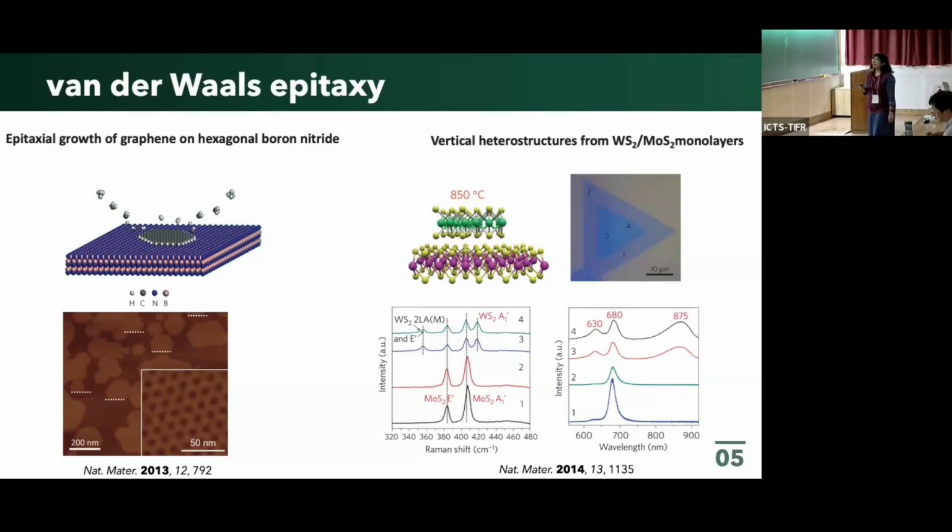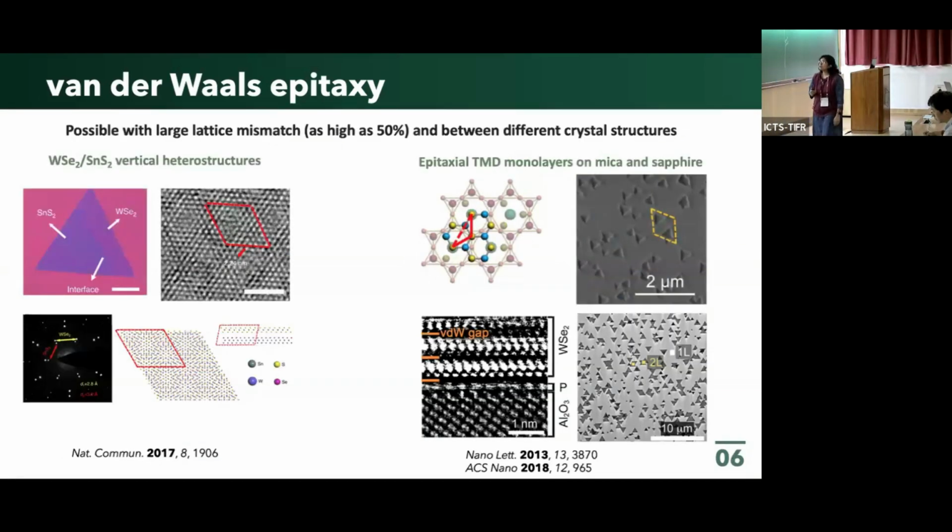This is what people were doing with van der Waals epitaxy, and in these cases the materials that were grown did not have too much lattice mismatch. But you can also grow materials with large lattice mismatch as high as 50%, and also between materials having different crystal structures.